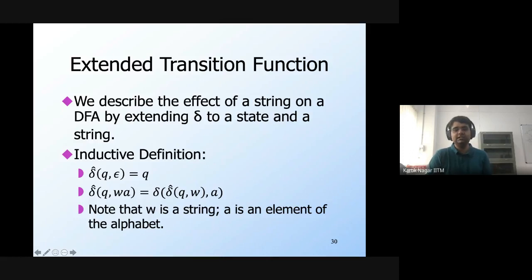That's why this A can only be a symbol of the alphabet. It cannot be a string. But this delta hat of Q comma W in general can take a string as an argument. So yeah, any more questions?